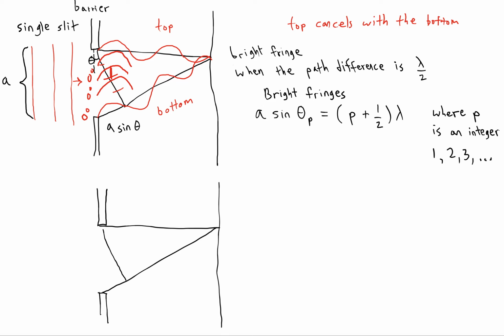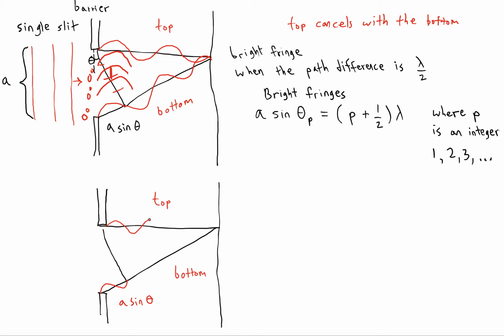Now it may be surprising, but in order to get a dark fringe, what you would need is you would need to complete a full wavelength within A sine theta. Now why would this be the case? Because we want the top path and the bottom path to come out in phase.